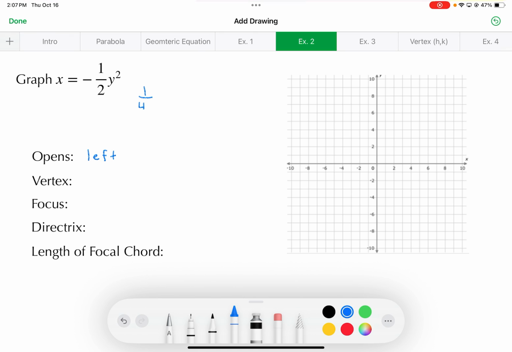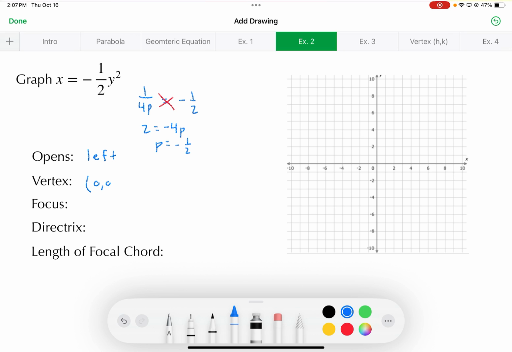I will take 1 over 4p. I'll set it equal to -1/2 to figure out what p is. Some of you may struggle with how to solve that. Just treat it like a proportion. You could cross multiply. You could say 2 is equal to -4p, making p -1/2.